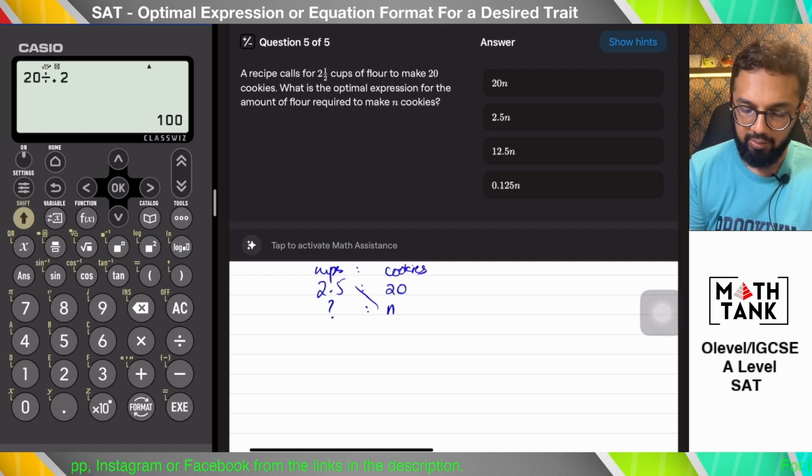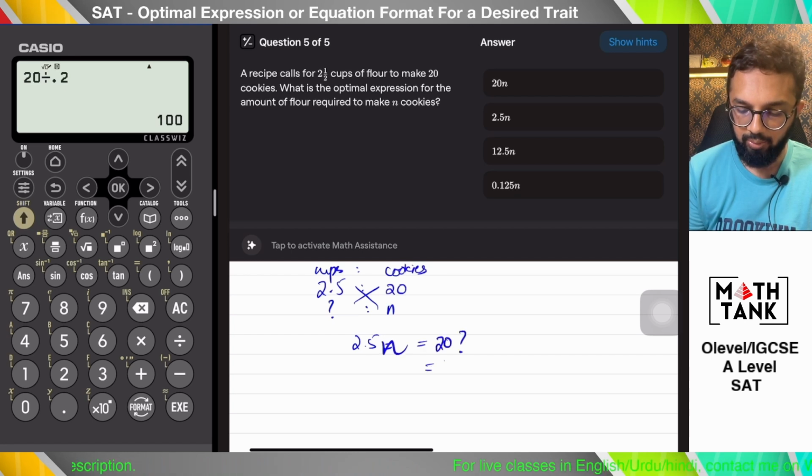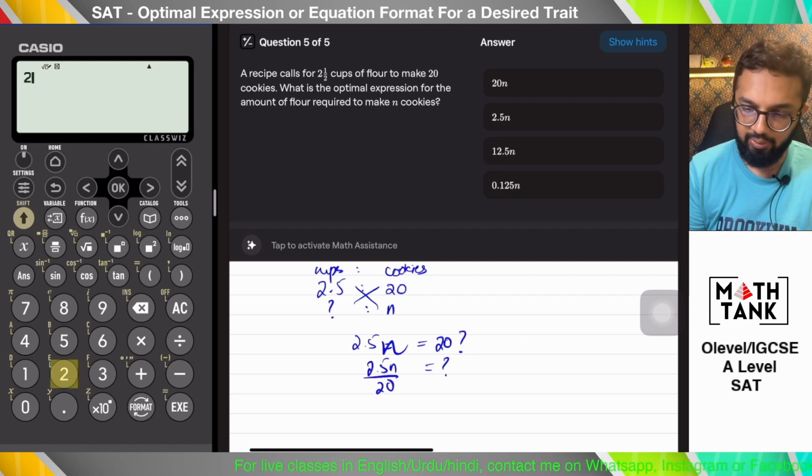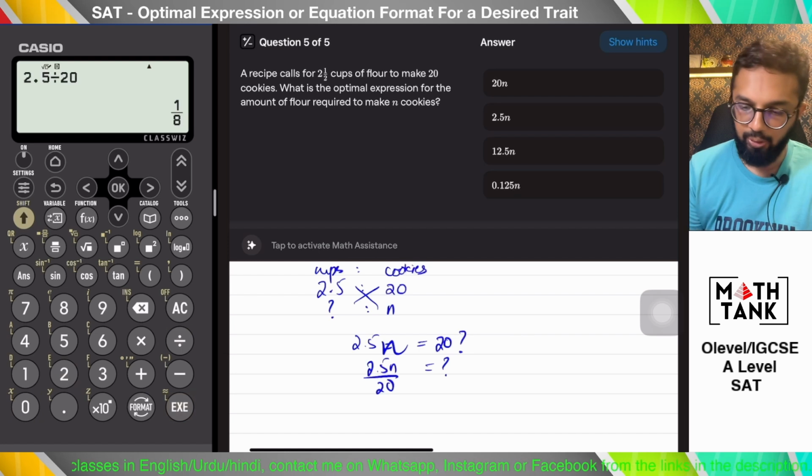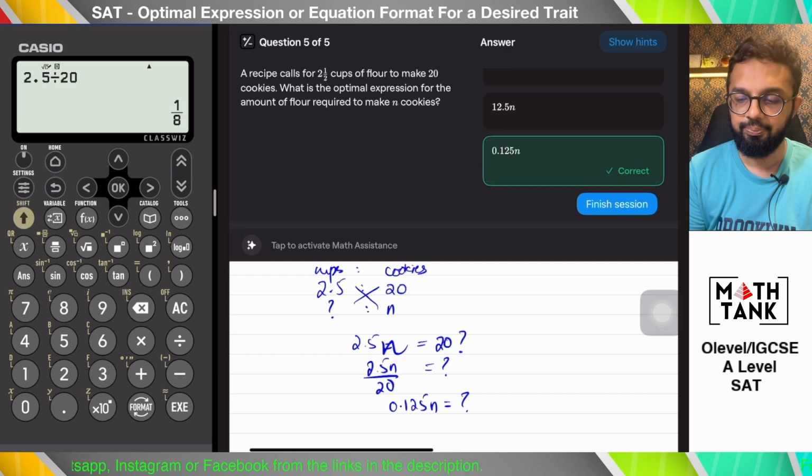So cross multiply: 2.5n equals 20 times question mark. What is the question mark? It's 2.5n divided by 20. What's 2.5 divided by 20? It's 0.125, so 0.125n. That's simple.